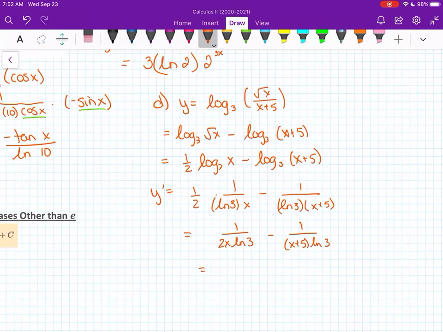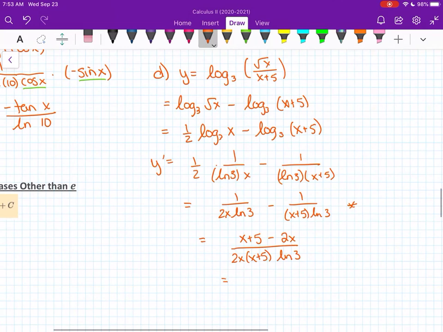And then I'm going to go ahead and combine these because they have a common factor of natural log of 3. So let's just see if we can write it as one fraction. I probably would accept this answer on a test or a quiz, but let's just practice some algebra here. So to find a common denominator, multiply my first fraction by x plus 5, my second fraction by 2x, and then my denominator will be 2x times x plus 5 times natural log of 3.